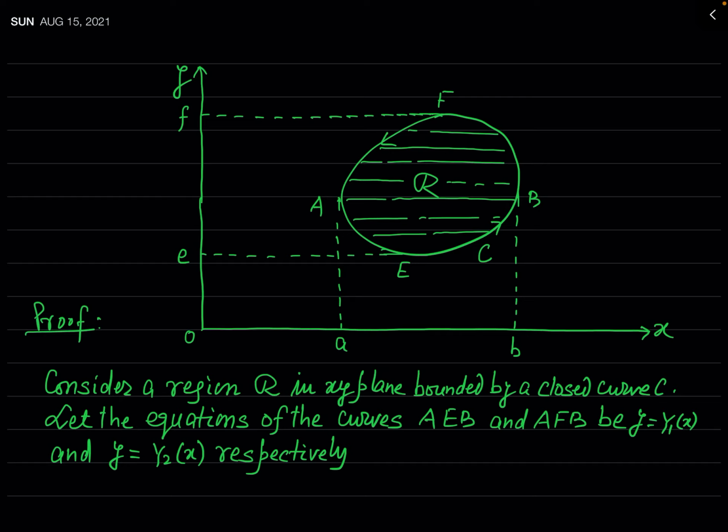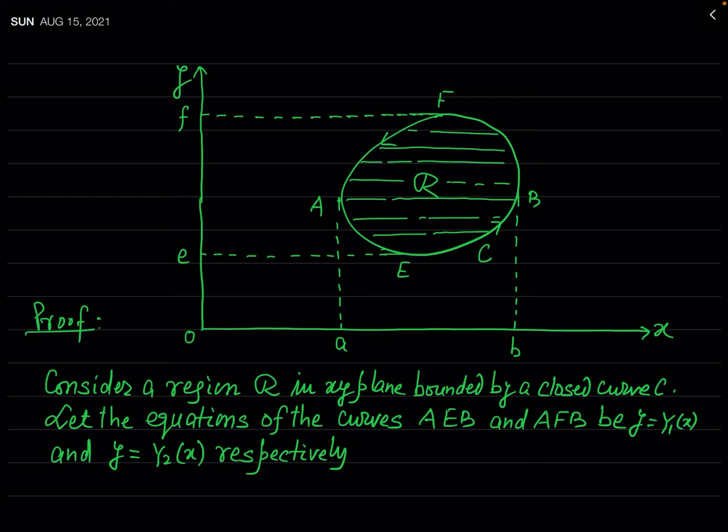And as you can see, I have divided this closed curve into two parts. The first one is AEB, and the second part is BFA, or you can say AFB. So this simple closed curve may be supposed to be made up of two curves: the first one is AEB, and the second one is AFB.